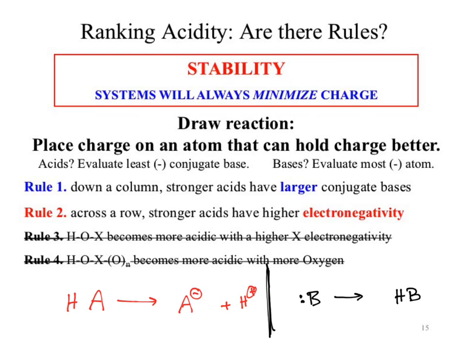You have to know the definition by which you're placing all of your rules. The rules themselves don't change. It's still stability. You're going to minimize charge. When I look at an acid, the whole point is that I minimize that negative charge. Why do I want to minimize that negative charge to be a strong acid? If this is more stable, what happens?